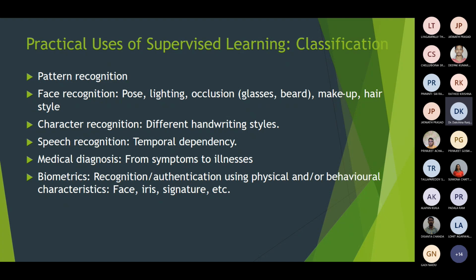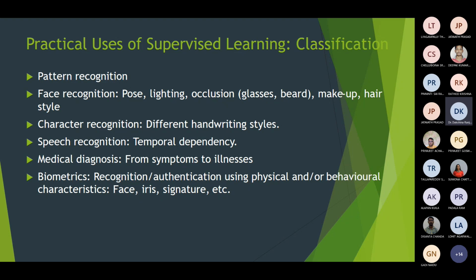In face recognition, we can recognize faces, and with face recognition we can identify the person, verify the person, and also match persons. Now in face recognition, pose, lighting conditions, occlusions, makeup, and hairstyles are the different constraints that we have to consider.